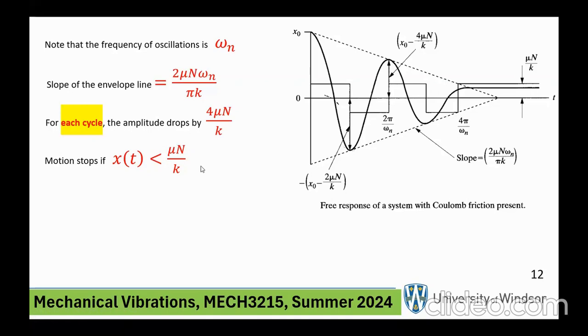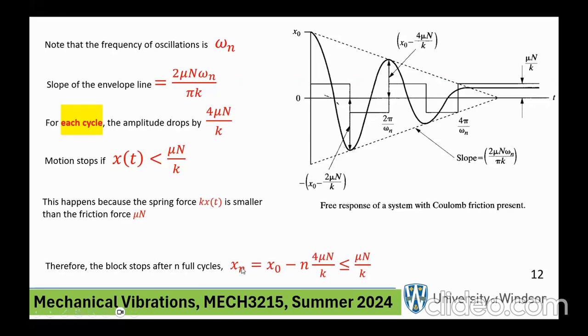So this is when the stopping takes place, and what we can do is find out after how many cycles this thing drops below mu N over k, because if we go n cycles, for each cycle x naught drops by that much.